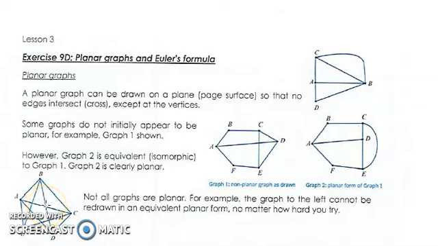There's no set formula or specific process to get from a non-planar graph to a planar graph or to see if it is planar. You just have to use trial and error and use your imagination to figure this one out. You can go ahead and see if there's a way to make this graph planar. There's no way.